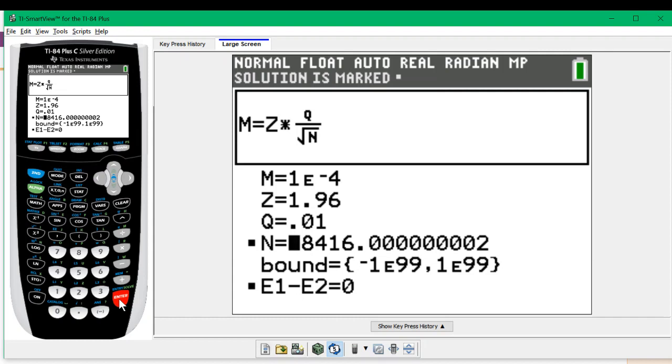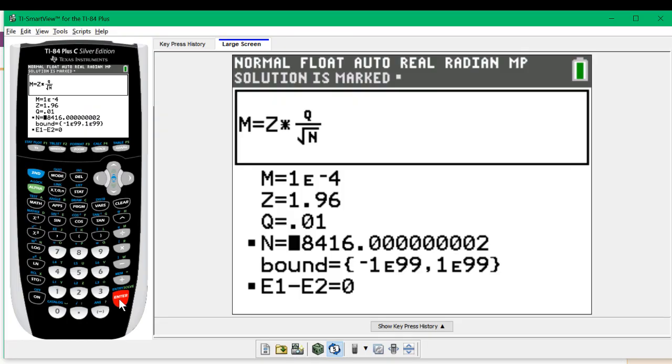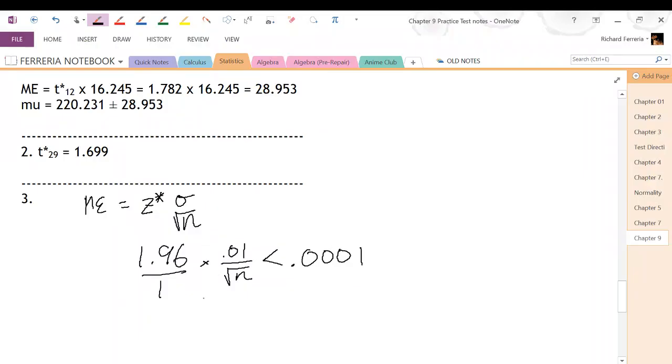That's a pretty big sample. The answer in the back is 38,414.